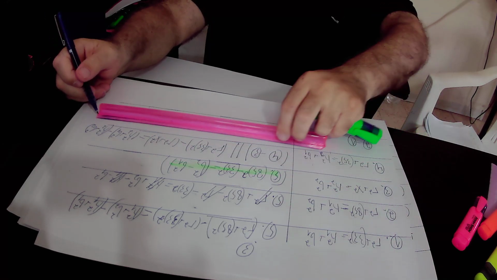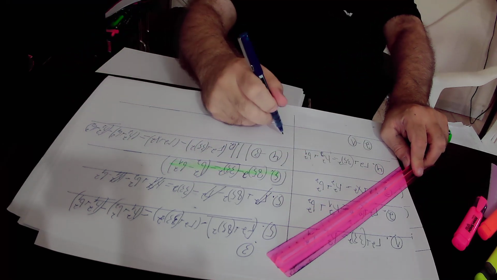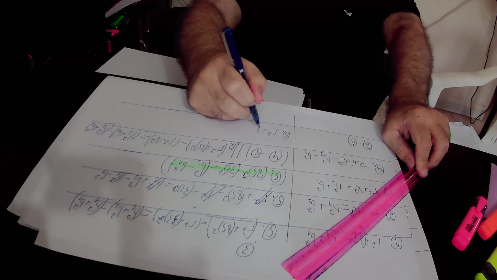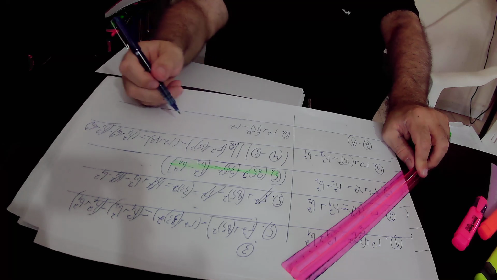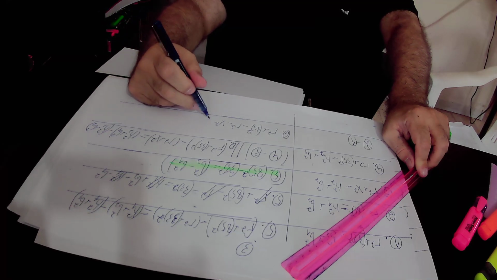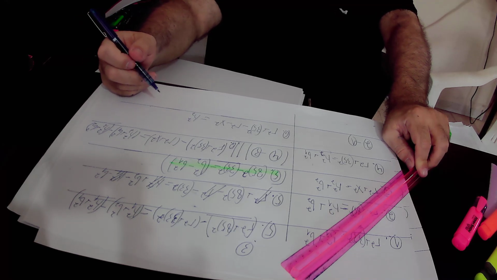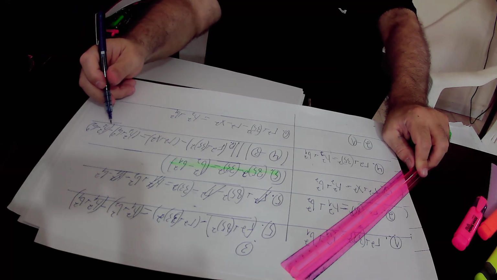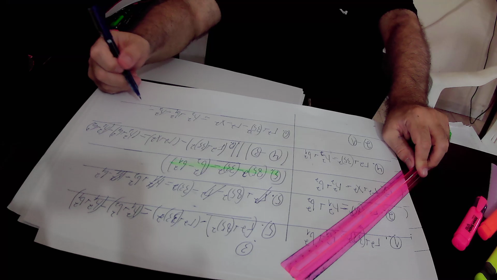In the next step, we open the brackets of equation number 6, and we get r squared plus 35 squared minus r squared minus x squared equals h2 squared plus b1 squared minus h2 squared minus b2 squared.